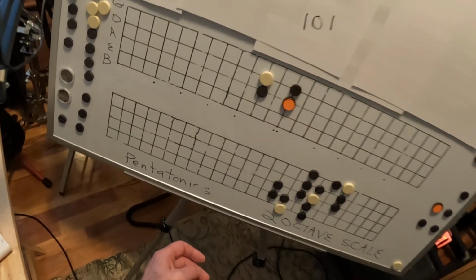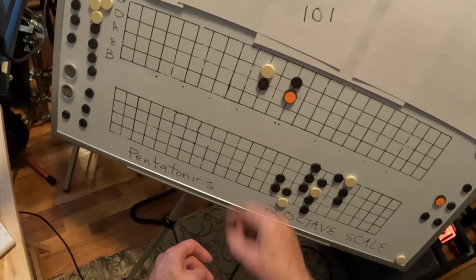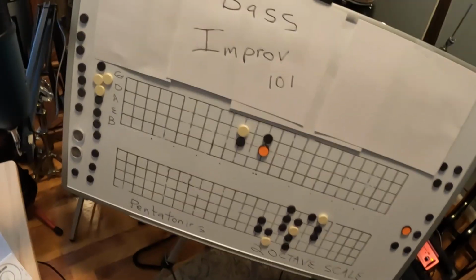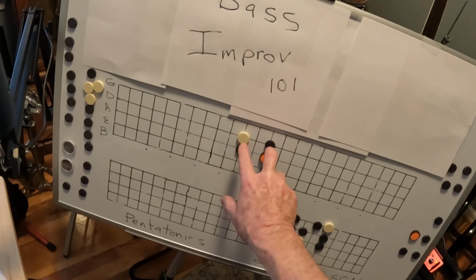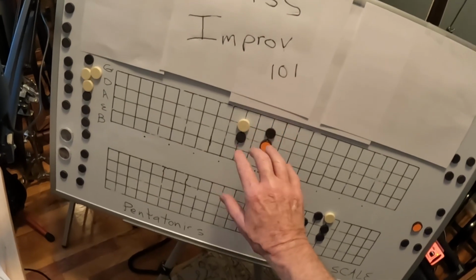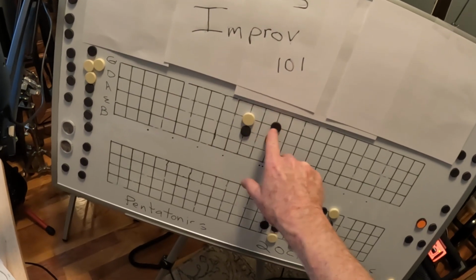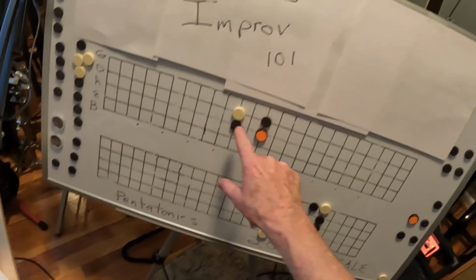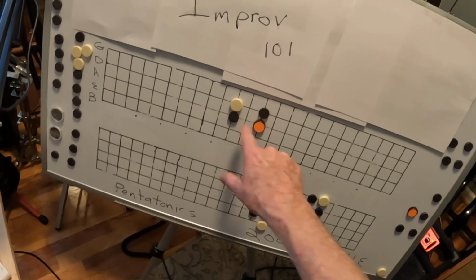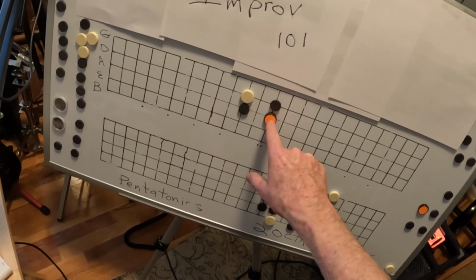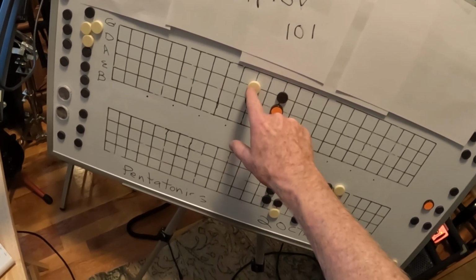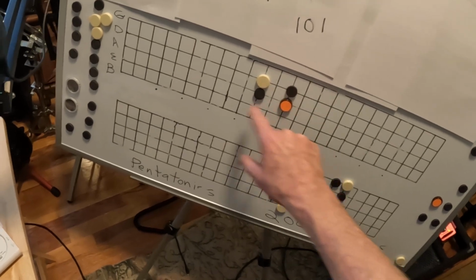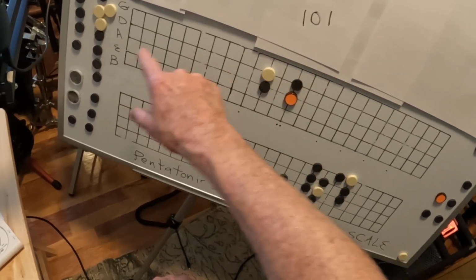So now we got 4 notes. Now remember I said that at least at this stage, we're going to always use notes that are a whole step apart, 2 frets, okay? Each fret is a half step, and so 2 frets is a whole step. So we got an A, we got a C, we're at the 12th fret of the A string, we're at the 10th fret of the D string.